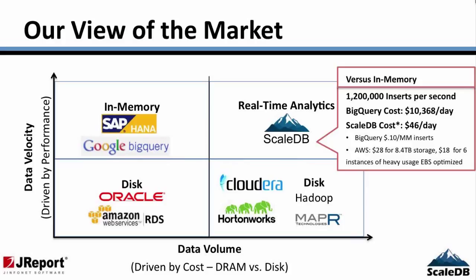So if we compare ourselves versus an in-memory system, and we're using the 1,000,002 inserts per second that we'll be demonstrating later in this seminar, the cost for running that velocity of data into a big query or an in-memory system would be a little bit over $10,000 a day, whereas the entire system that we're showing you is running on a hardware platform that costs less than $10,000 to purchase. Or if you were to run it in the cloud on Amazon, it would be about $46 per day.